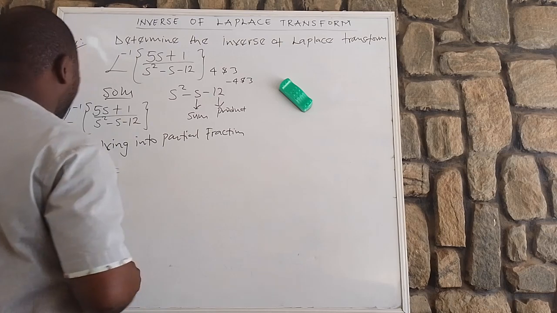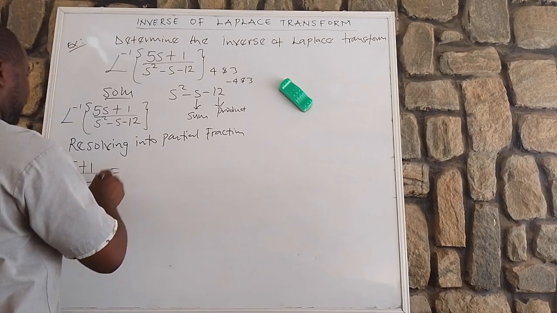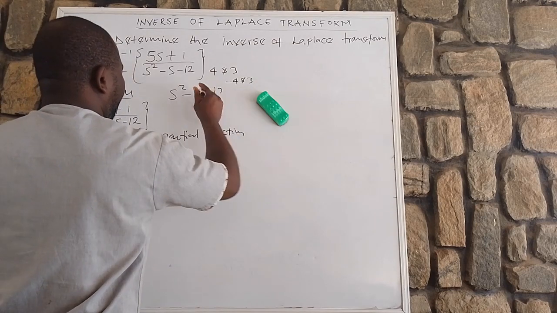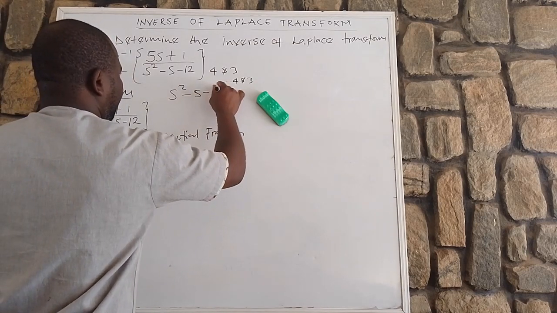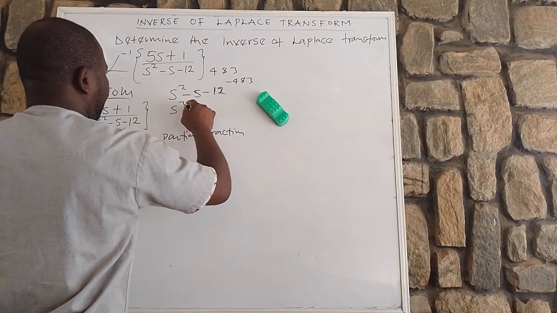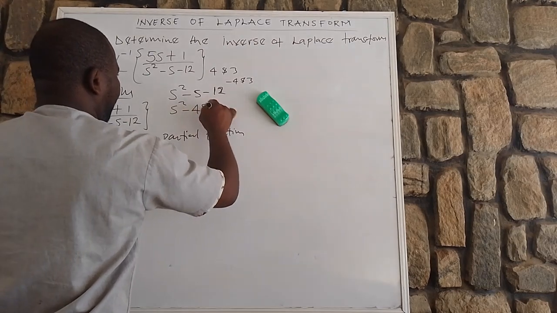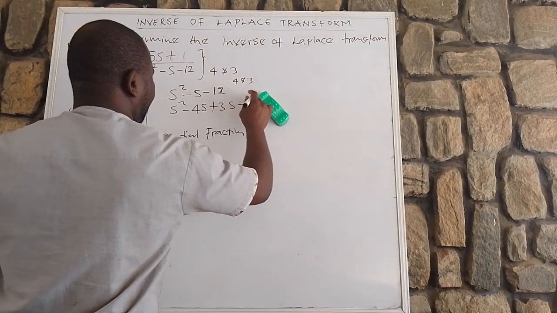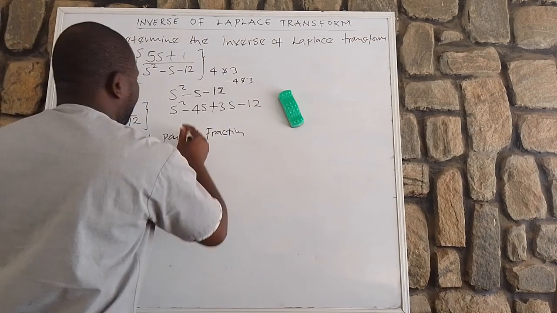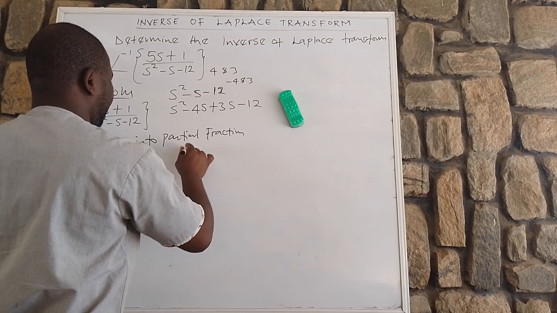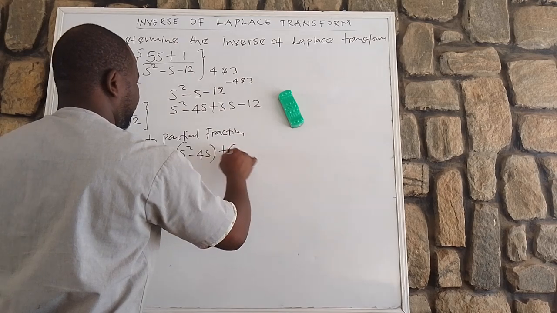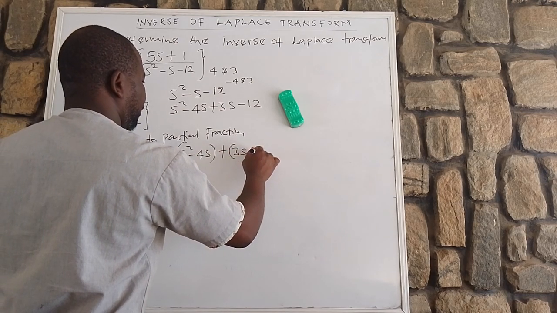Okay? So here, this denominator will now be, let me just do it for the sake of clarity, s squared minus 4s plus 3s minus 12, true or false? Do you agree with me? So this is the same thing as (s squared minus 4s) close bracket plus (3s minus 12).